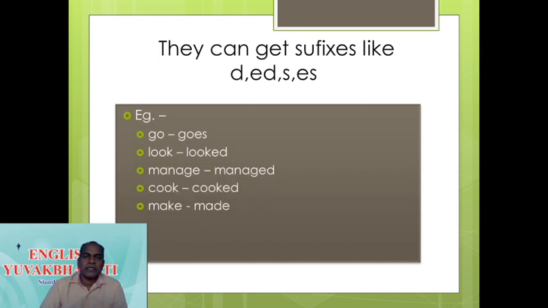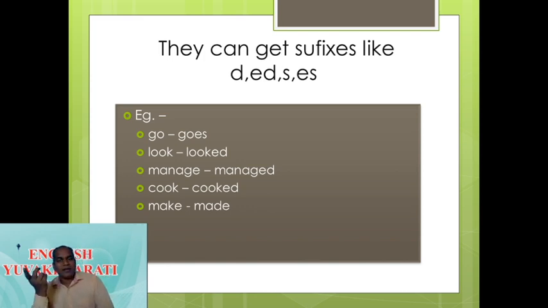So they can get suffixes like d, ed, s or es. For example, go, goes, look, looked, looks, or looking we can also take. Manage, managed, manages, managing. Cook, cooked, cooking. Ing also we can add as a suffix to the main verb.